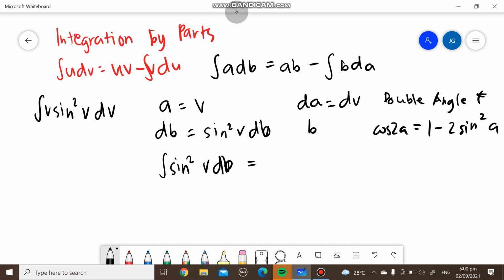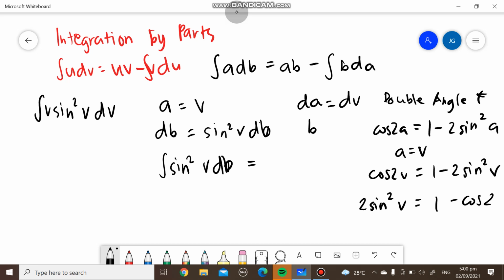So, kailangan natin yung, since v yung variable natin dito, we can say that a is equals to v. So, we can say cosine 2v is equals to 1 minus 2 sine squared v. Tapos, kailangan natin ma-exclude yung sine squared v. So, ang mangyayari dito is 2 sine squared v is equals to 1 minus cosine 2v.